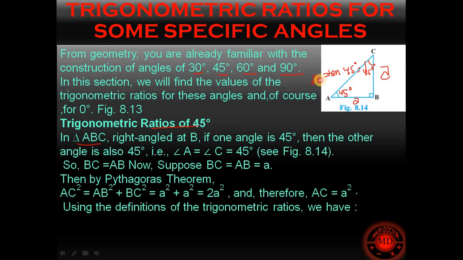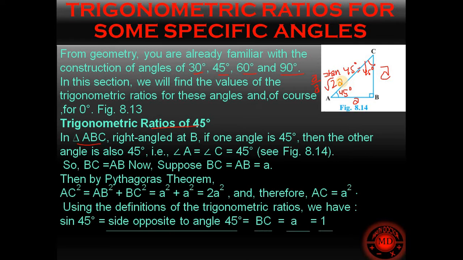base. In the previous lecture we discussed what tan theta and sin theta are. Now we're going to do it for specific angles. If this side is A, then the hypotenuse should be under root 2A, and sine 45 degrees should be equal to 1 upon under root 2.